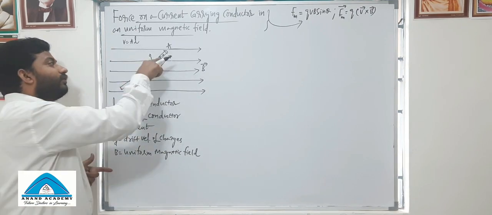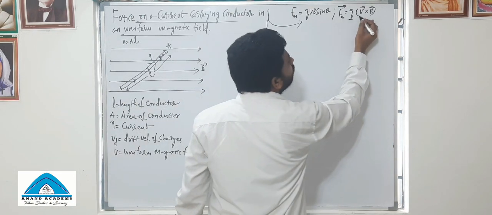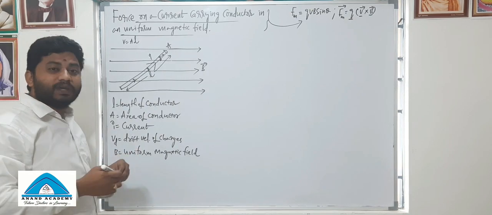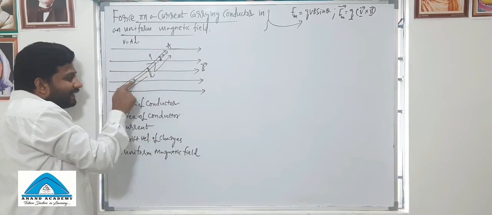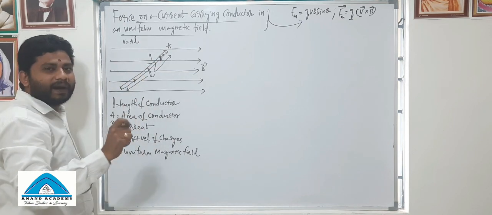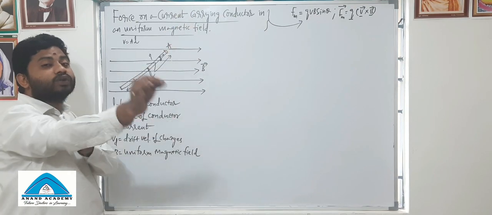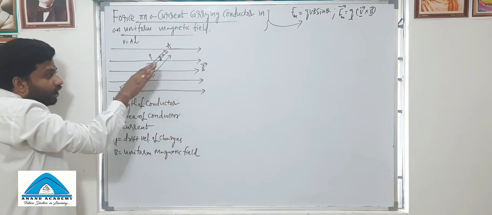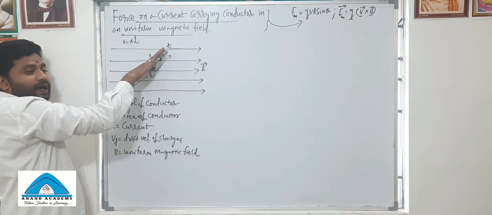So force on a moving charge in a magnetic field, you know, F is equal to Q into V bar cross B bar. I am talking about the direction now. V bar cross B bar. Where is V bar? So this is V bar, yes or no? In the direction of motion of the particle, we need to keep our stretched fingers according to the cross product I am talking about. So we need to keep our stretched fingers in the direction of V bar.